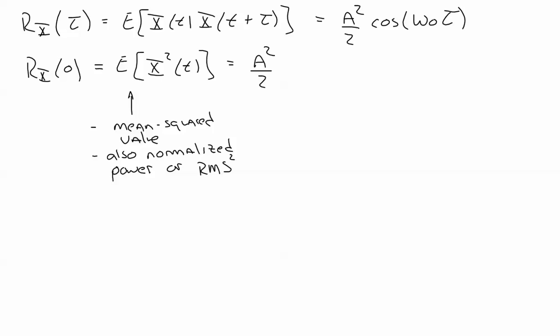All right? Check your notes. Go back and look. We saw that the mean squared value of a random variable was also known as the normalized power. And we also saw that that was the RMS value of that random variable squared.